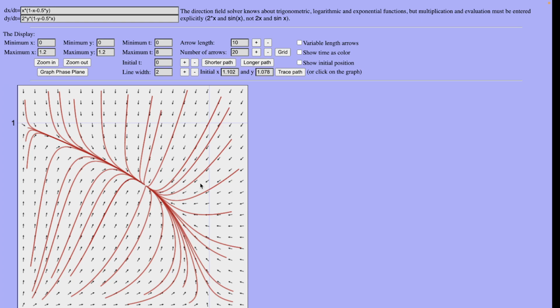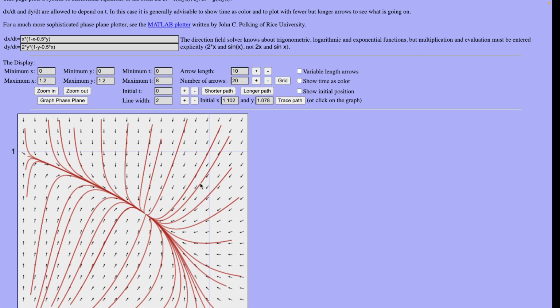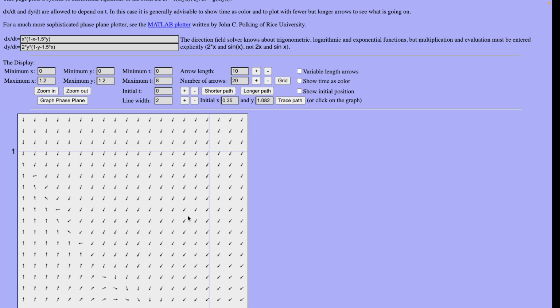Similarly, we can draw when alpha is greater than 1 and beta is greater than 1. Here, second case, alpha is 1.5, say, and beta is 1.5, say.